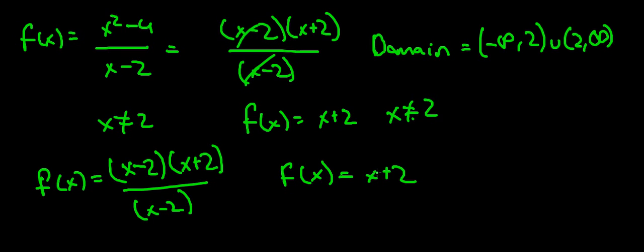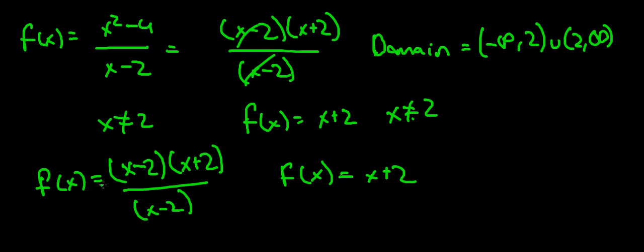The only difference between these two graphs is that there's going to be a hole in the graph at x equal to 2. I don't really want to go into detail on the difference between when we get a hole in the graph as opposed to an asymptote. There are different types of asymptotes: vertical, horizontal, and even diagonal. We're going to be going into that in the next few videos.